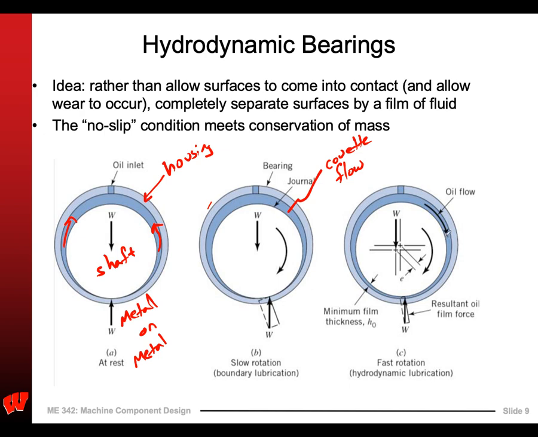If it's no slip, the mass has to get transported down here, which means I'm going to have some film, and we call this the minimum film thickness. Oil will fill this gap and lift this thing up, and then it's no longer riding metal on metal, it's riding metal on oil. That's how the journal or hydrodynamic bearing works.